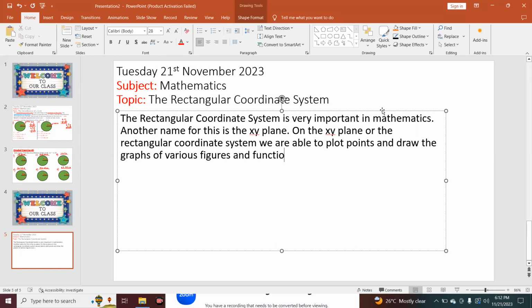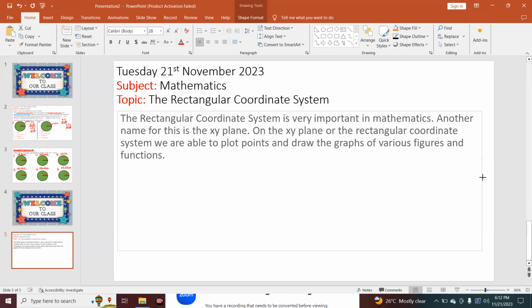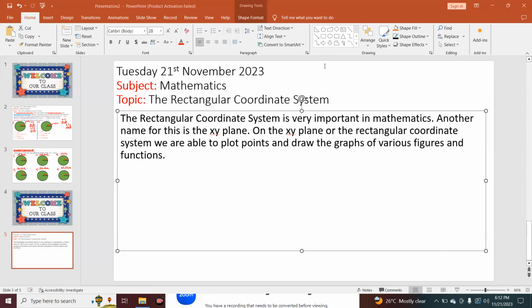All right. So we use the XY plane to plot points, to draw the graph of different shapes, different figures, and different functions. That's what we use the XY plane for.